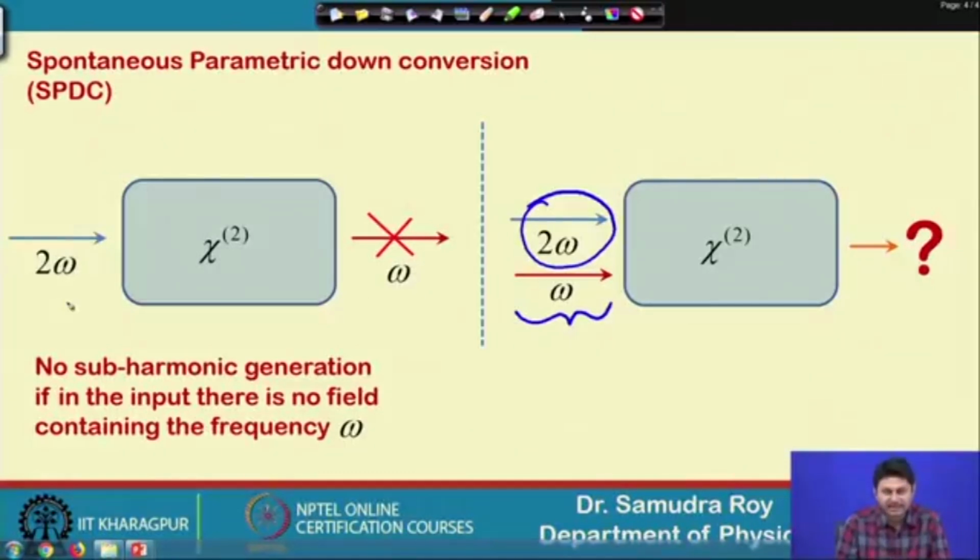So, here in the second case we are going to study that in a second order system we launch 2 omega, and along with that we launch omega frequency, and try to find out whether we can generate any kind of subharmonic in the output or not. So, the mathematics will be exactly the same, only the boundary condition is now changed. Because of this new boundary condition, there is a possibility that it should generate some kind of subharmonics. So, let us see that.